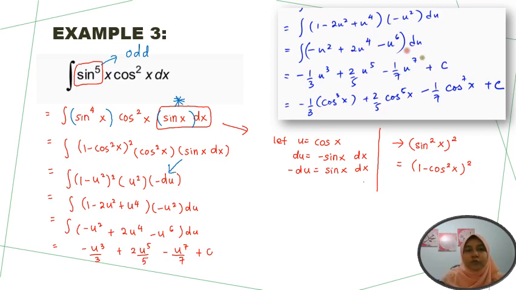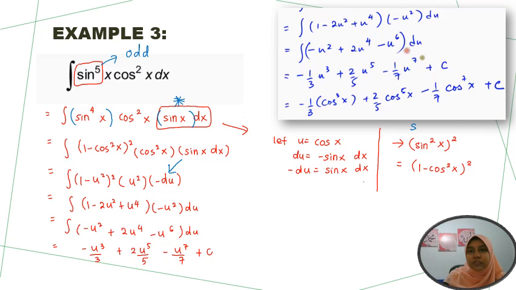Okay, then we have to modify sine x to the power of 4. We have to use the trigonometric identity, which is this one.